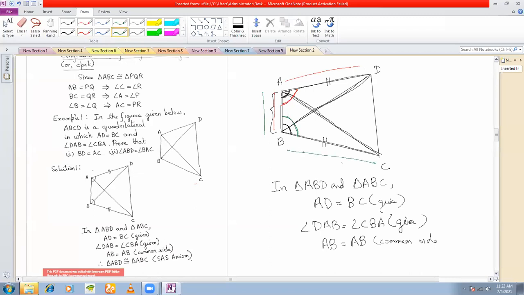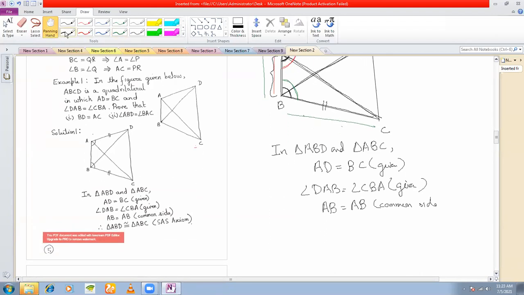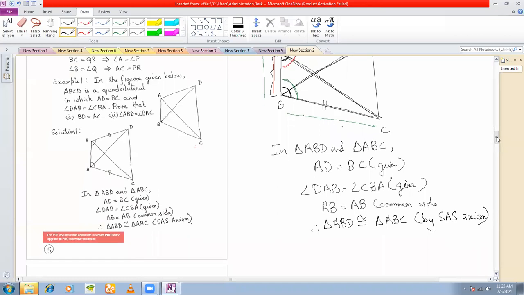That means this is the included angle. That means by SAS we can say these two triangles are congruent. Therefore, triangle ABD is congruent to triangle BAC by SAS axiom. Remember, whenever you are proving congruency, always write the axiom. If the axiom is not written, marks will be deducted.